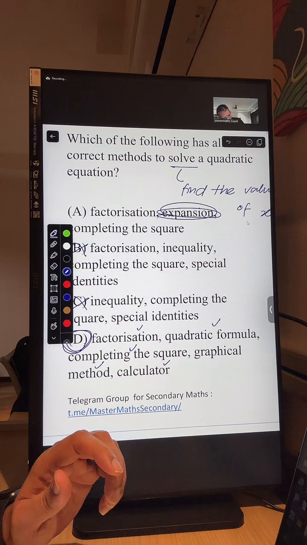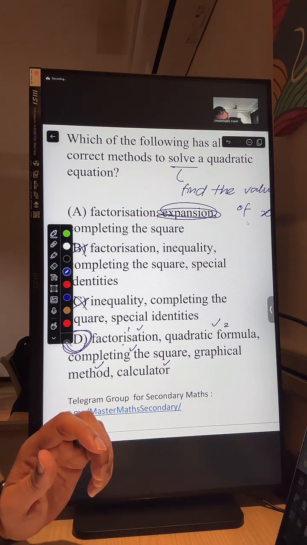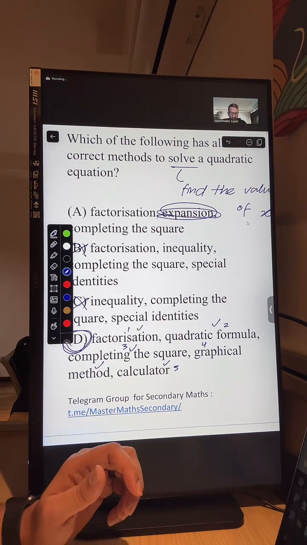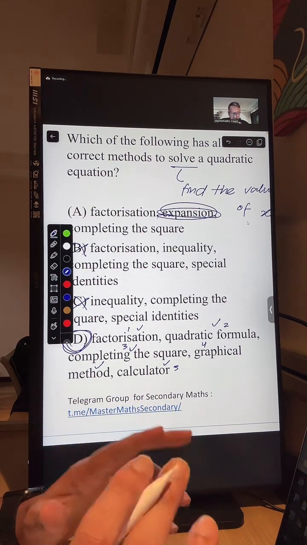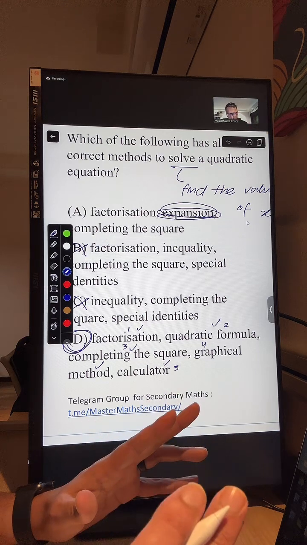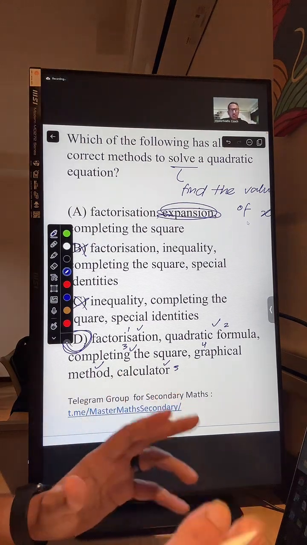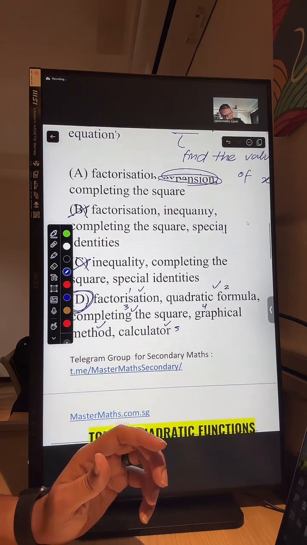Let me count for you all. 1, 2, 3, 4, and 5. But, of course, in secondary school, the methods that you will be mostly using will be the first 4. So you have to be familiar with these 4 methods.